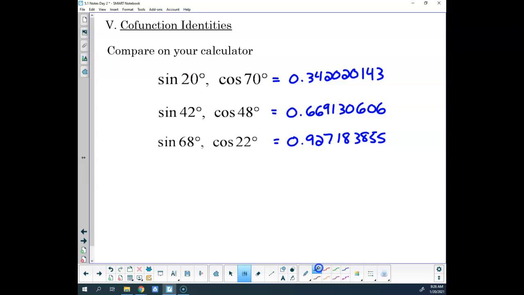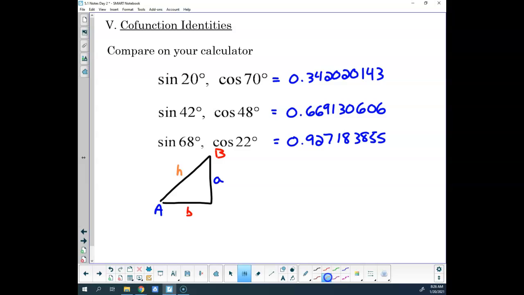The reason that happens is in a right triangle, if I'm down here at angle A and you're up here at angle B, and you remember SOHCAHTOA. If we call this side B, this would be side A, and this would be my hypotenuse.